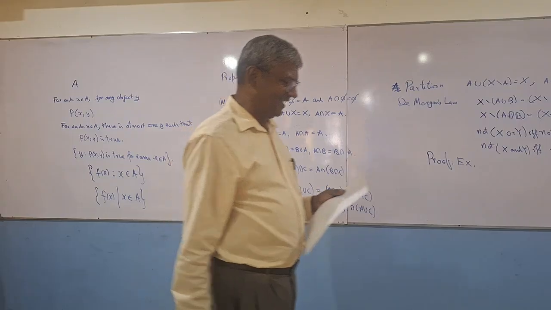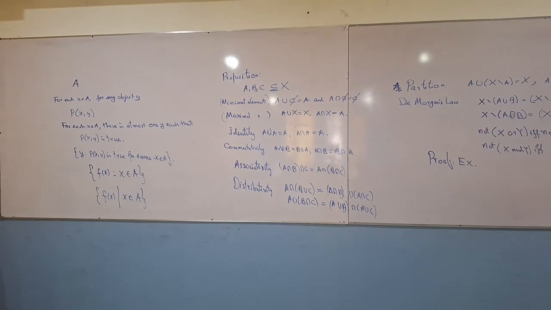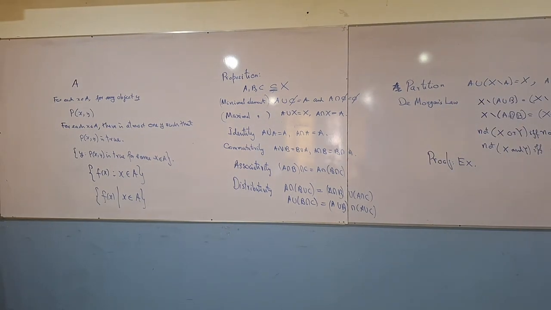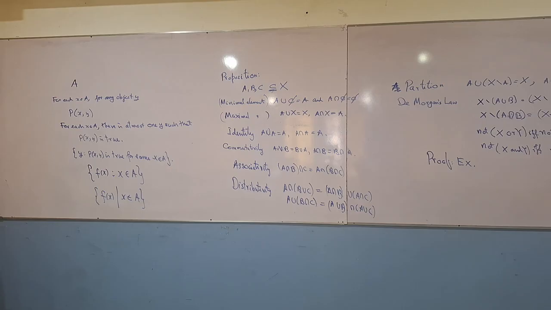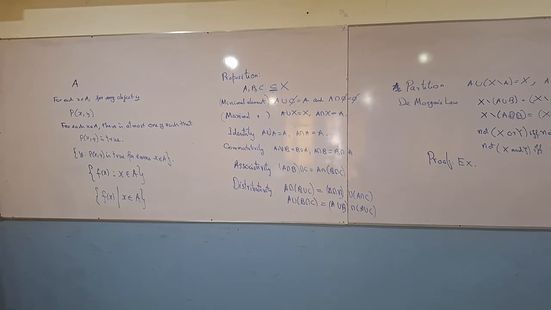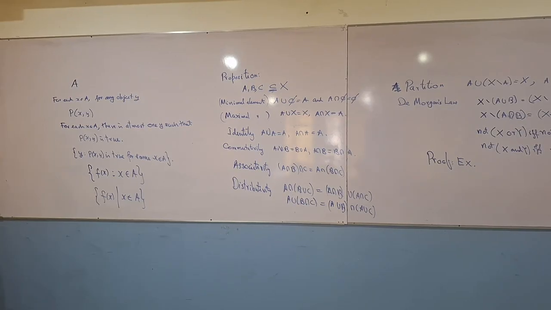The axiom of infinity. I don't know why it's called infinity, but we also have to go through it since we are studying this book. If he says this is by the axiom of infinity, we need to know what it is.